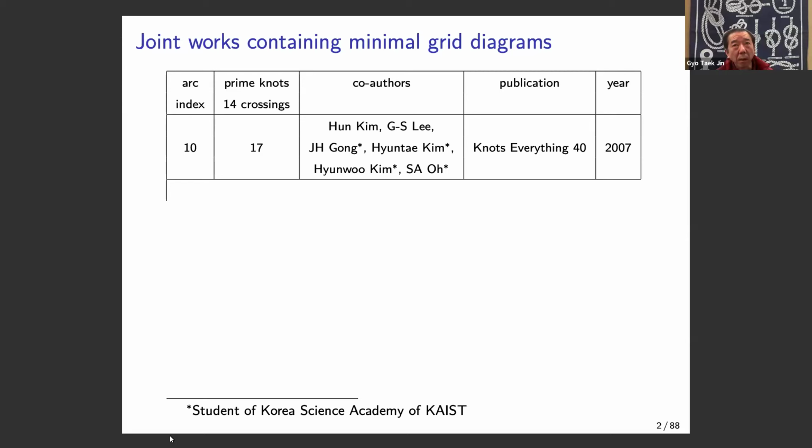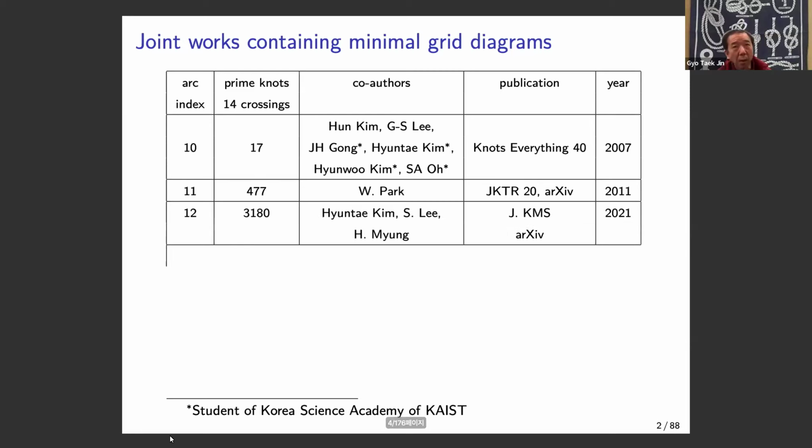This article appears in the 40th volume of a journal. Later in 2011, with Wangun Park, I also found 477 prime knots of 14 crossings with arc index 11.